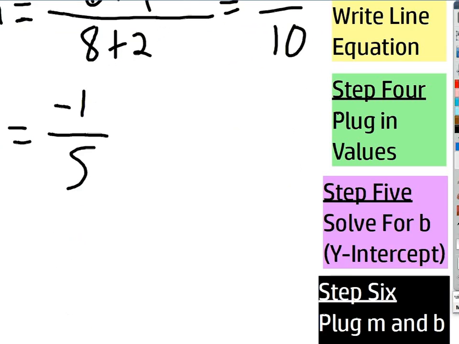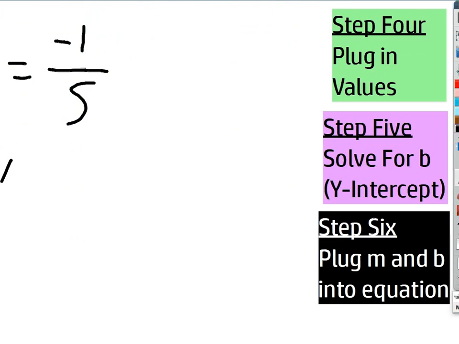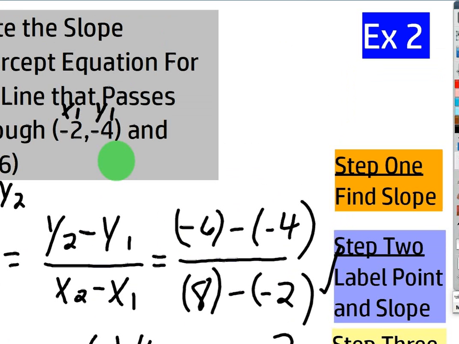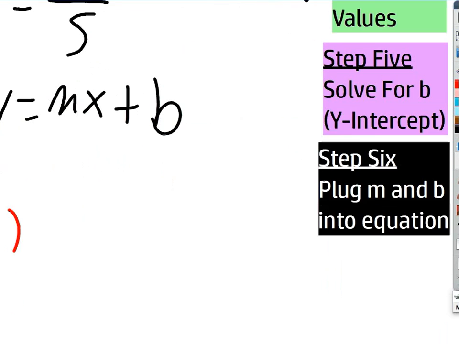Step 3, write the equation for the line. We're going to write this so much you're going to know it like the back of your hand. Y equals mx plus b. Then we're going to plug these values in. Okay, so again, going back up here, plugging in negative 4 for y and negative 2 for x.